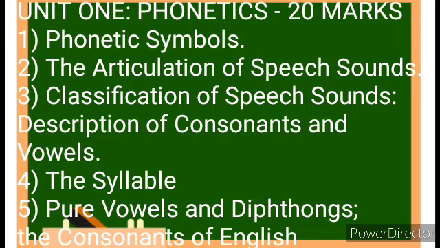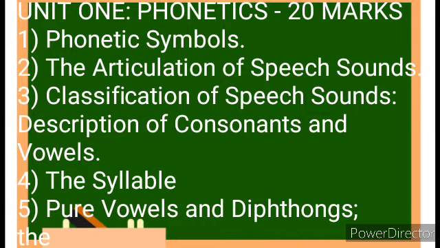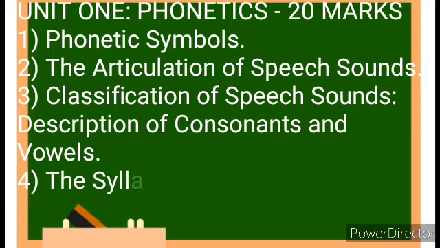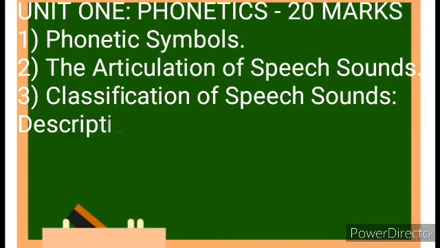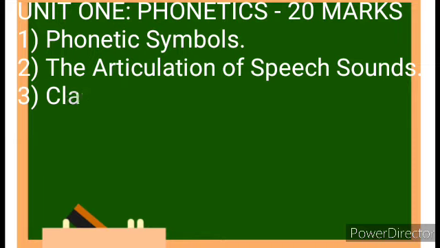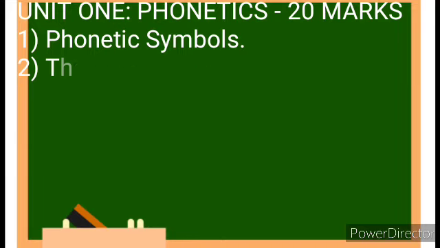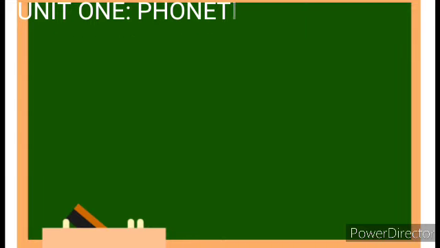The first chapter, that is phonetic symbols. In this chapter we are going to understand what are the symbols of phonetics. Phonetic symbols are nothing but the alphabets, just like our Marathi Barakhadi.